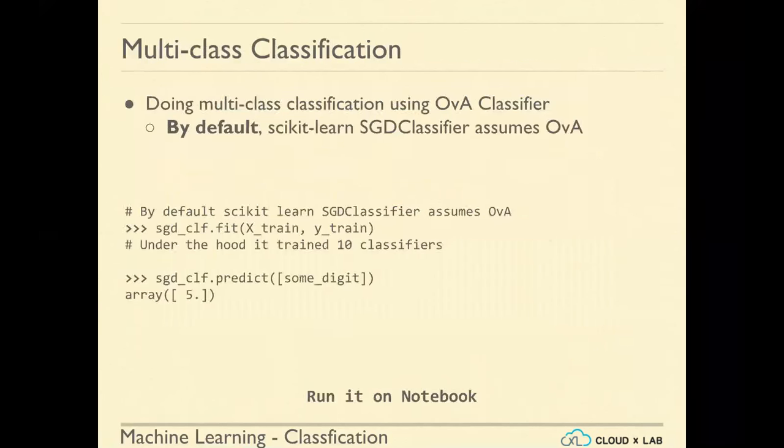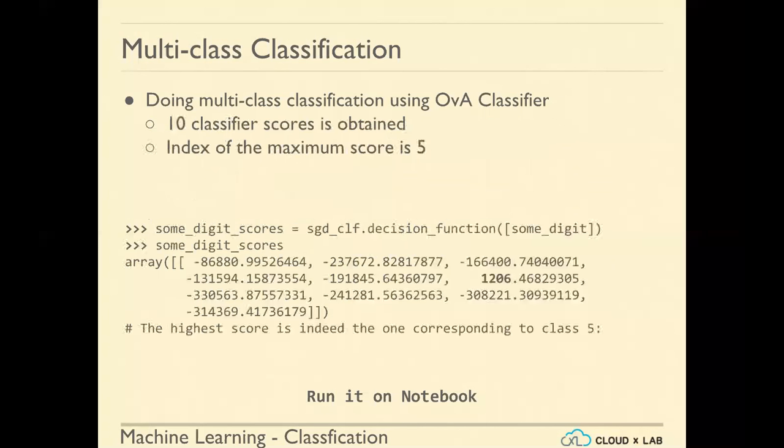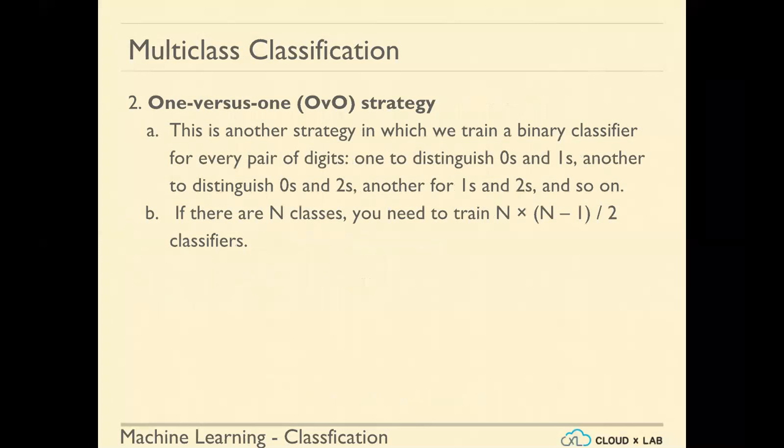While OVO, the one versus one, creates all possible pairs, not ordered pairs but unique pairs, like the total number of handshakes between n people. If there are n people, how many unique handshakes would there be? That's the number of pairs.